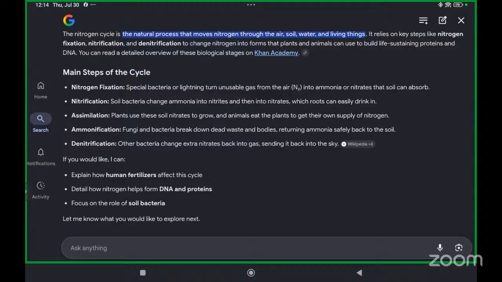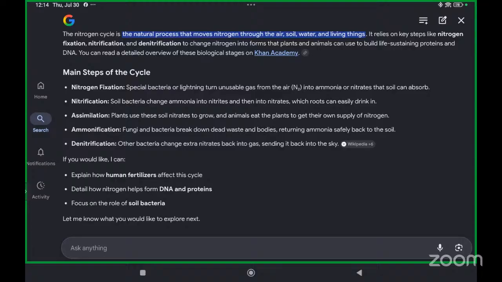When the goat and the cheetah die, the body decomposes into the soil, and from that point it again gets to the soil. Other bacteria present in the soil change it to nitrogen gas.